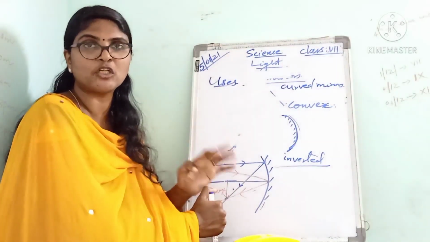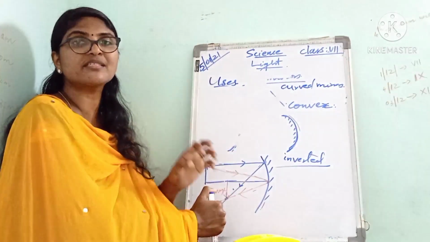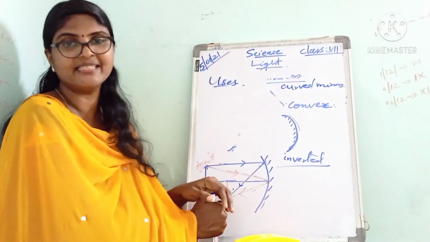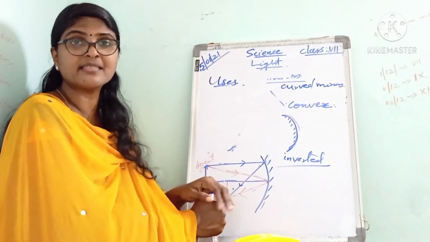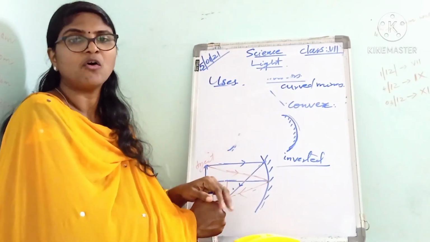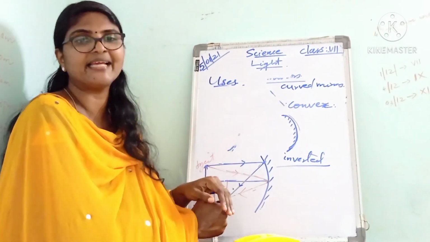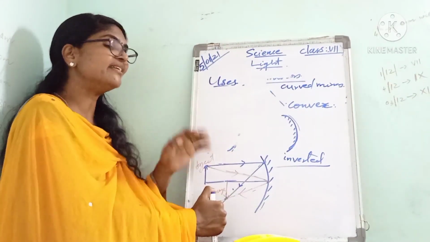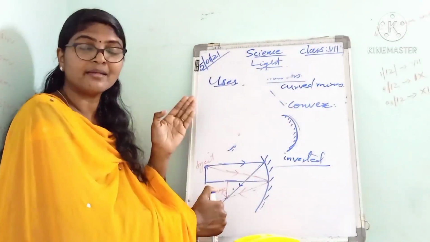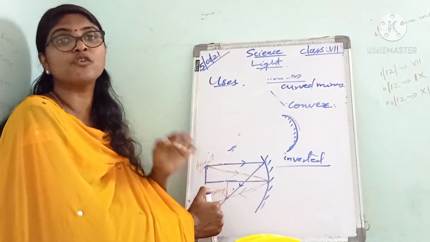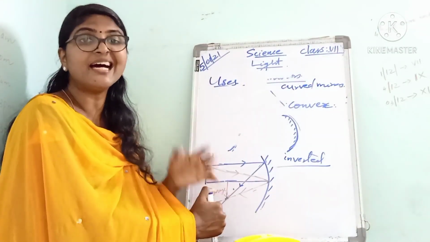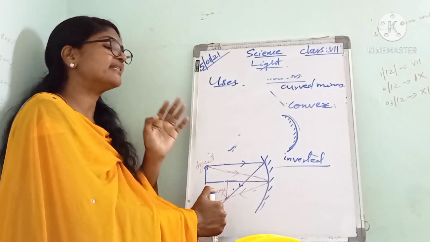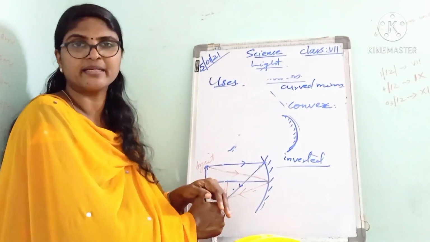Concave mirrors are used in torches, searchlights, vehicle headlights, and in making solar heating panels. And dentists use this concave mirror to get the enlarged view of the teeth of patients. These are the uses of concave mirror.